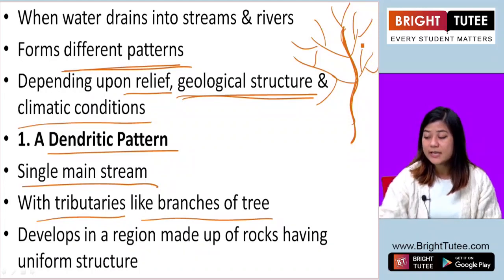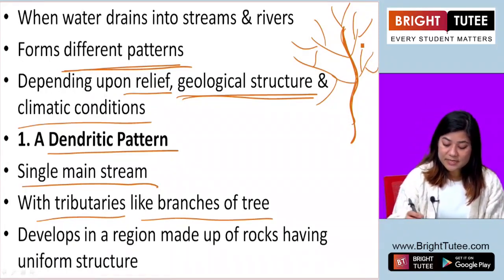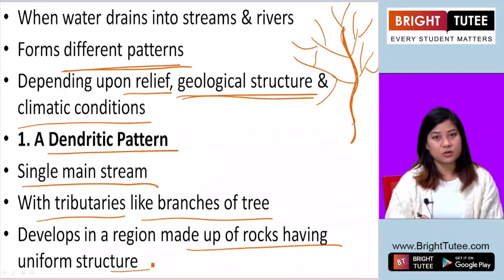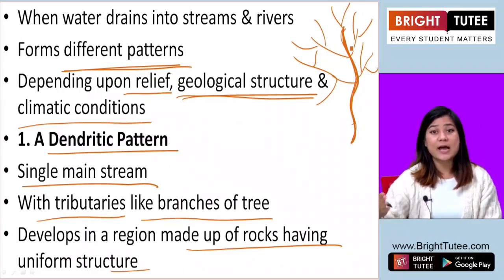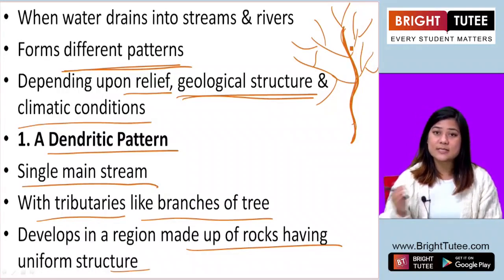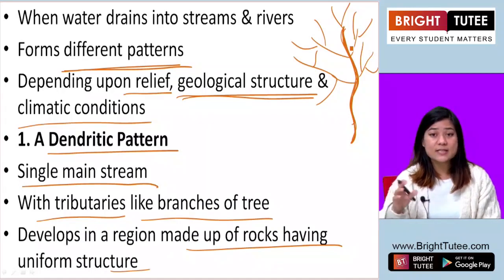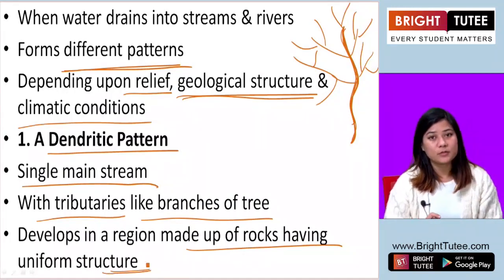So you see, it looks like a tree. Now it develops in a region which is made up of rocks having uniform structure. So here the rocks which lie along its beds, on either side of its channel, on either side of its bank, those rocks have to have uniform structure.